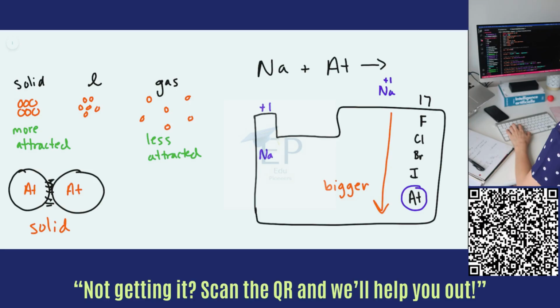So typically, it will gain one electron, which gives it a -1 charge. So we can expect sodium to have a +1 charge and astatine to have a -1 charge. Those charges, thankfully, are already balanced out, so that means our product will just be a 1-to-1 combination of those elements. So Na followed by At. All right.